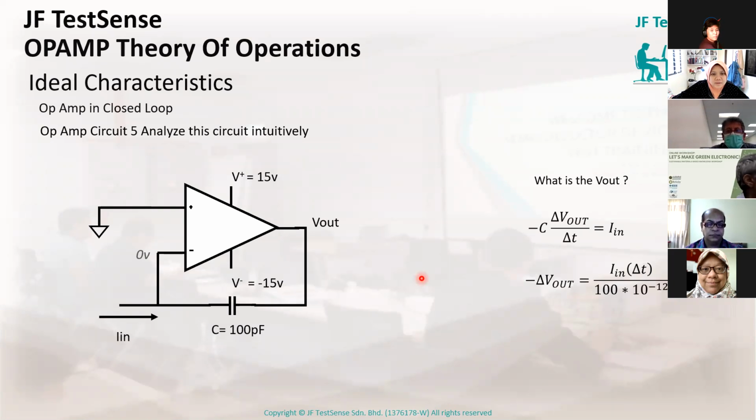Now timing is involved. If I have a mechanism to measure the delta T of the voltage ramp coming out of the op-amp, I can derive the current. This is a very typical test circuit that we use for measuring very low bias currents of op-amps, in the region of picoamps or femtoamps.